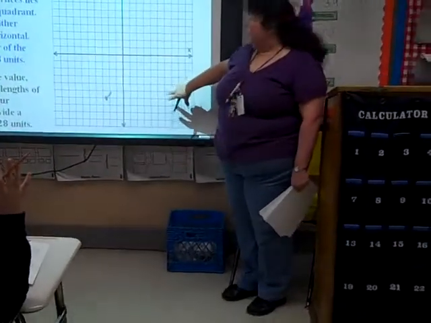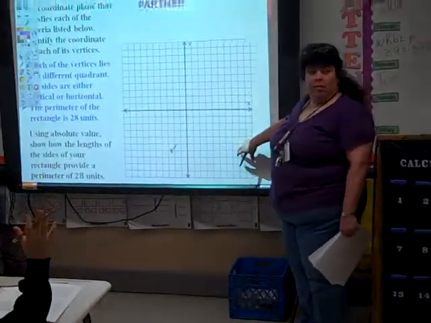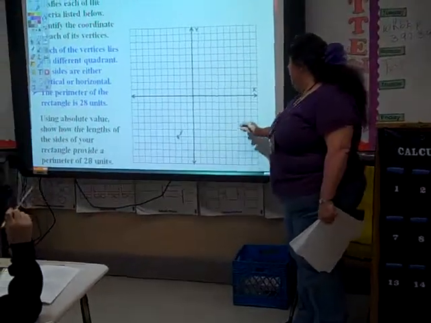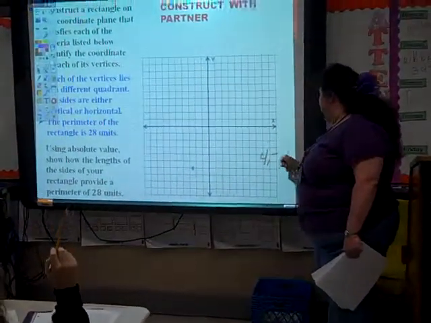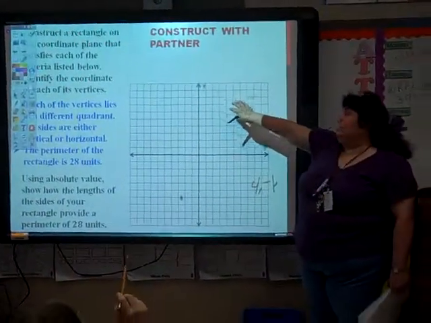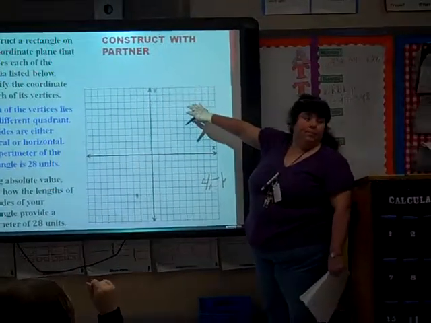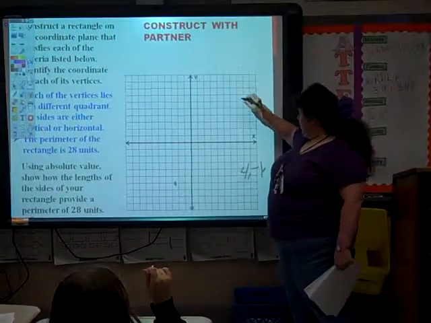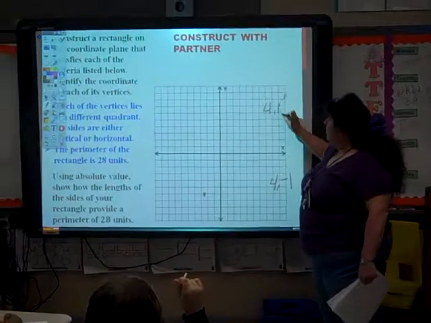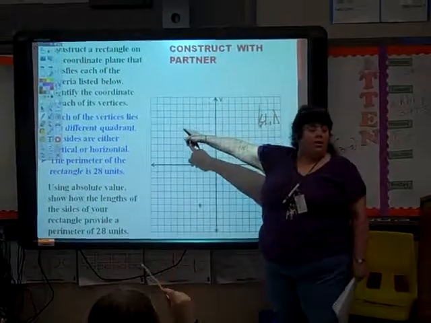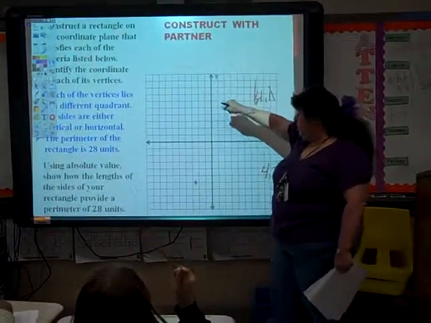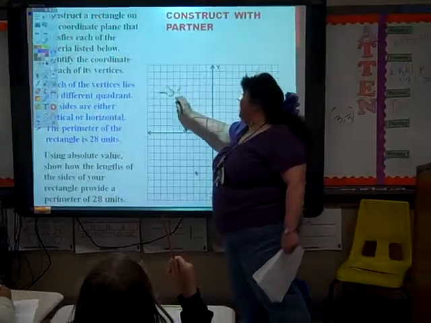What's the coordinate? 4, -6. 4, -6. What are the coordinates in quadrant 1? 4, 1. What are the coordinates in quadrant 2? -3, 1.